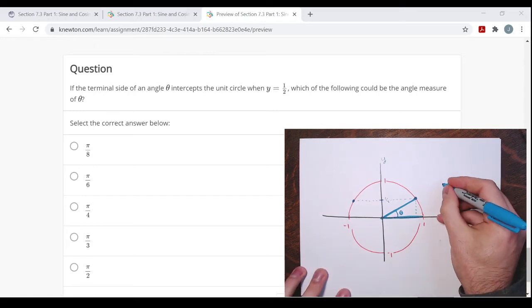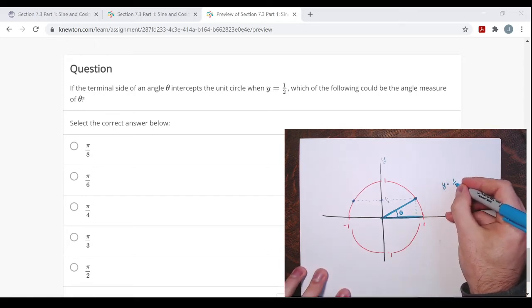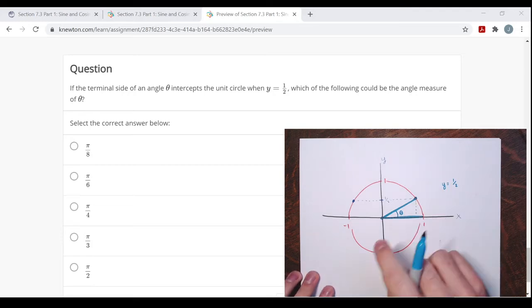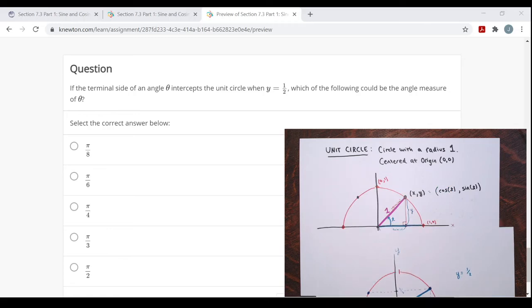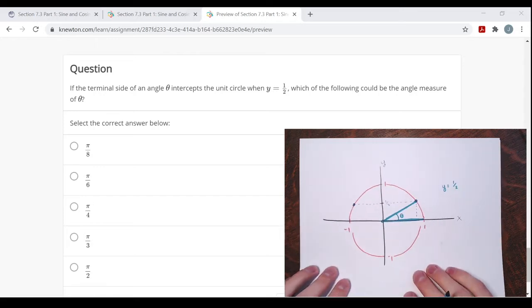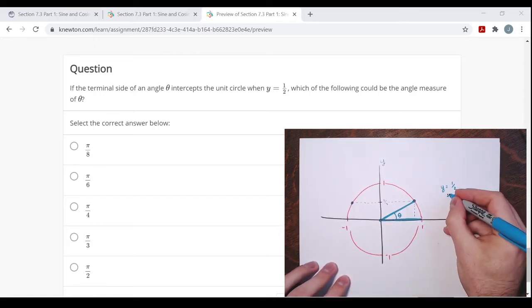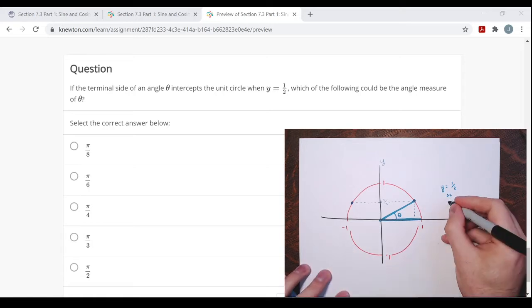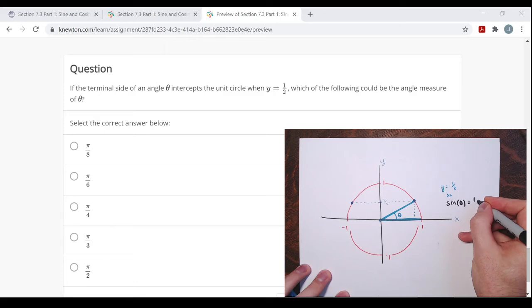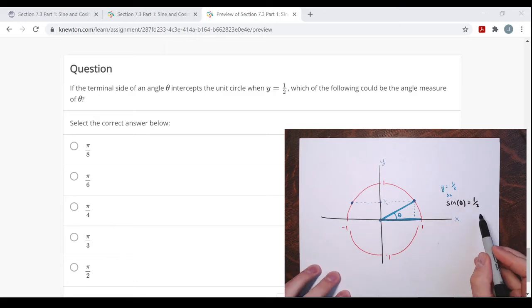So remember, y equals a half. I just mentioned when you're on the unit circle, the y coordinate of your point is the sine of the angle that got you there. So this means the sine of theta is a half. Now this is a very special number, a half, right?